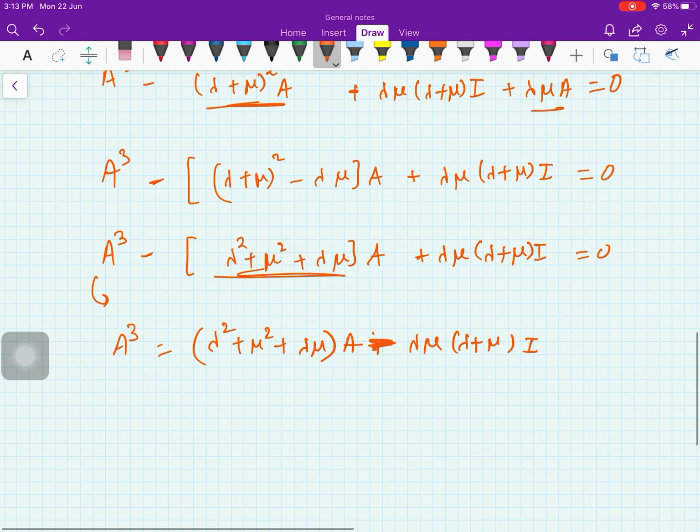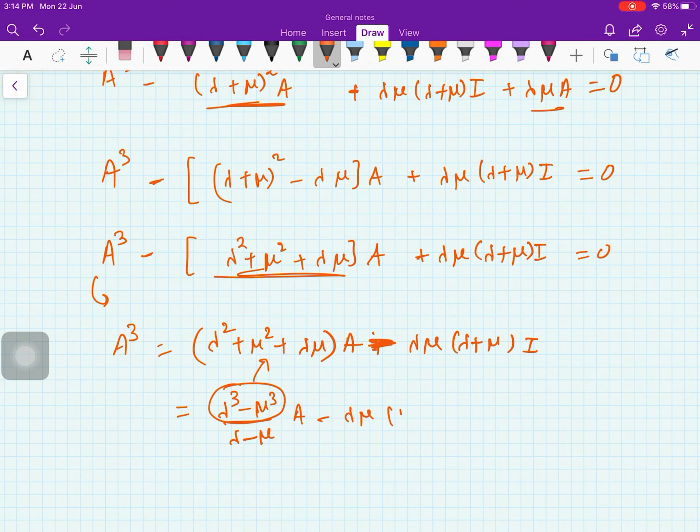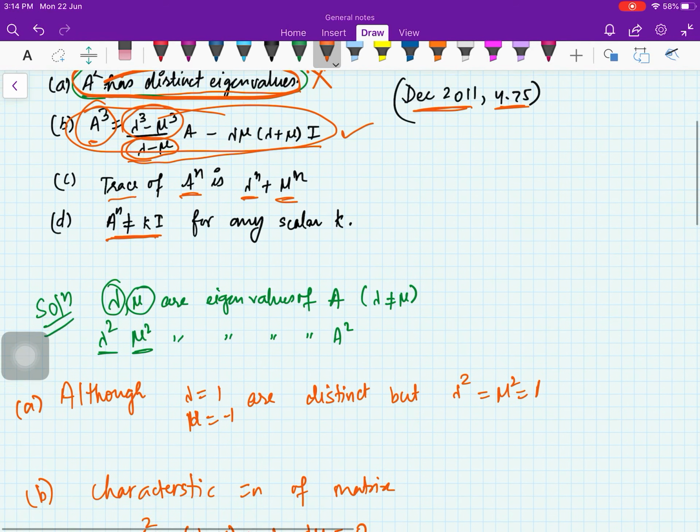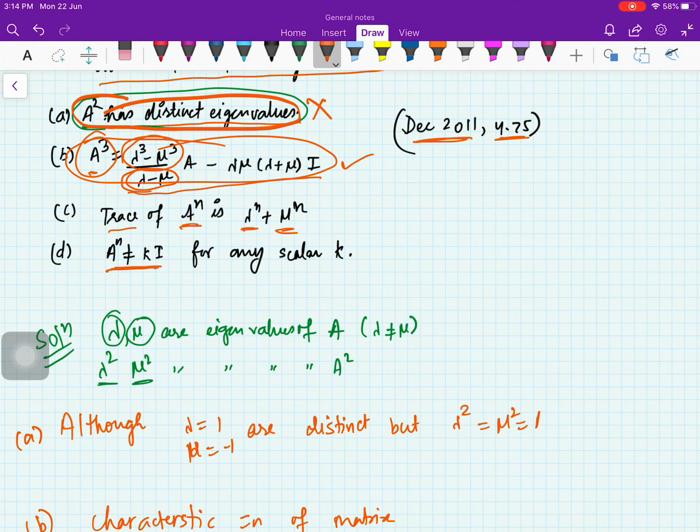Now I can write this thing as lambda cube minus mu cube upon lambda minus mu, because lambda and mu are distinct. So using this formula I can write this into A minus lambda mu lambda plus mu I is equal to A cube. So this option is correct. You see, this is the option here. So this is the correct option.